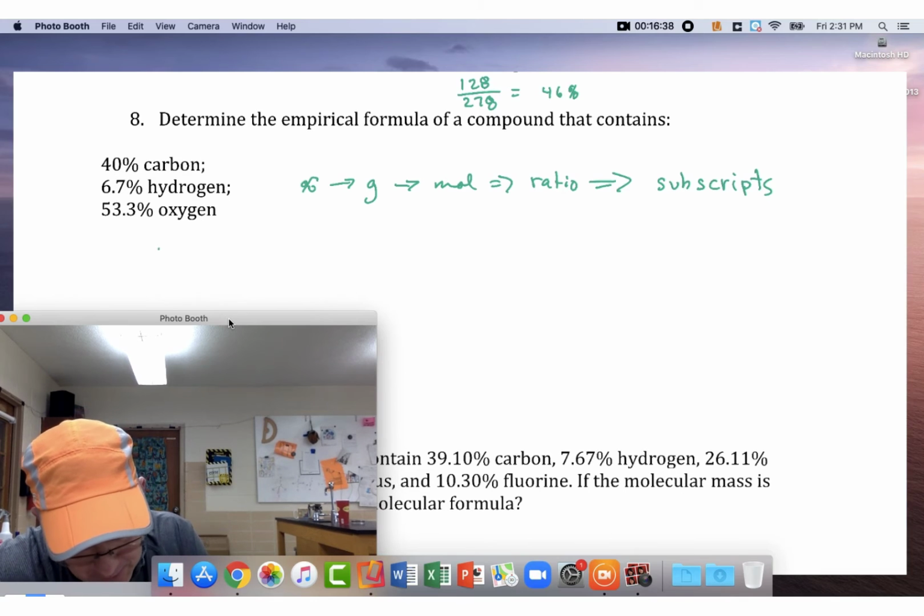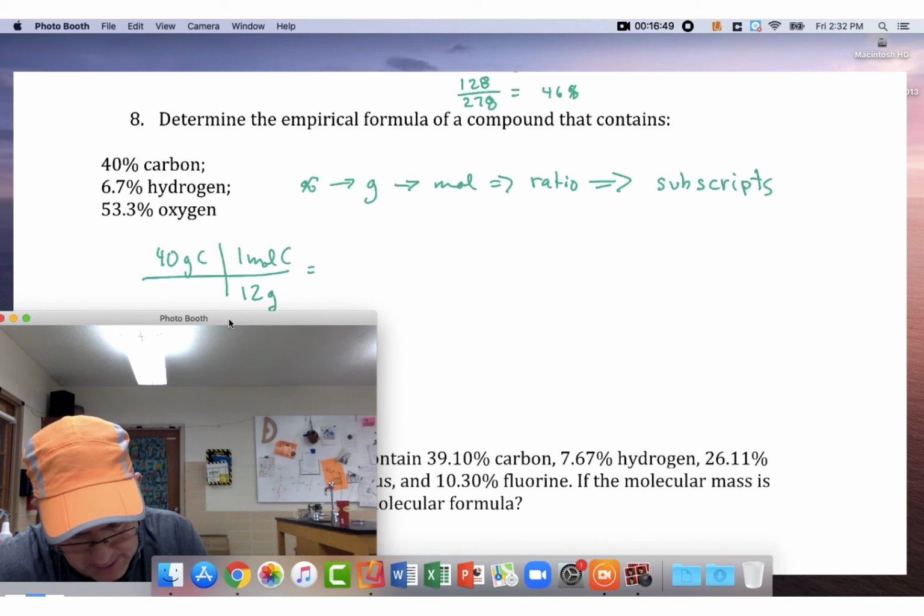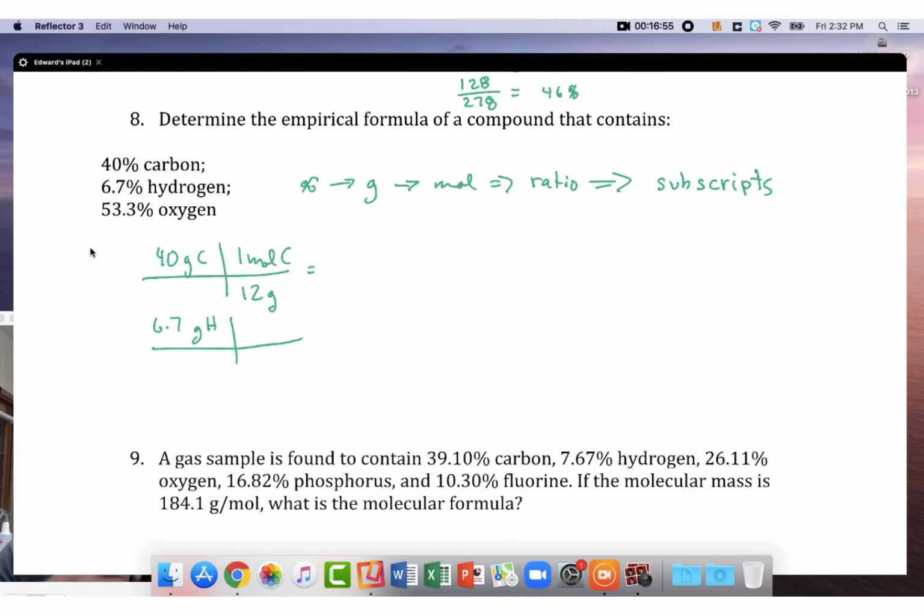So we're going to start out 40 grams of C, change that to moles. There's 12 grams in 1 mole. 6.7 grams of H. There's that thing in the way again, right?